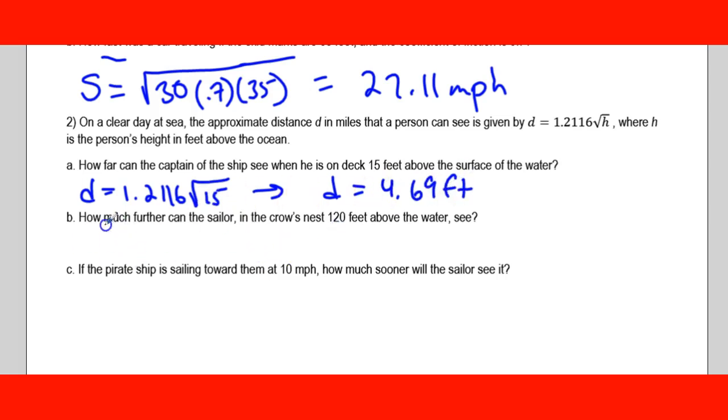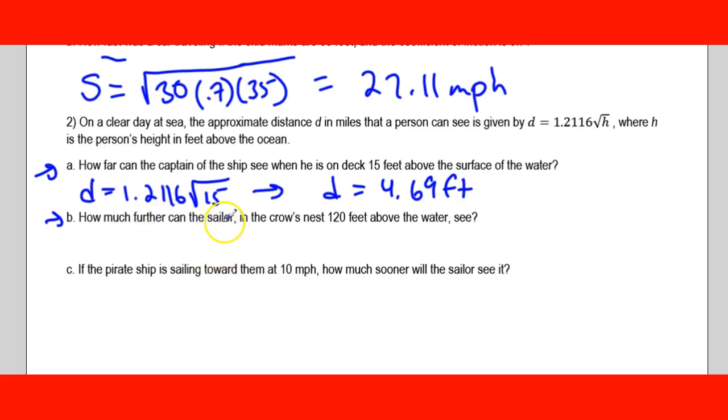Right here, how much further can the sailor see in the crow's nest, which is 120 feet above the water? The thing I want you to see is they're saying how much further, so we're going to compare this answer to the captain's answer. We look at the sailor now, 120 feet up, and find how far he can see.